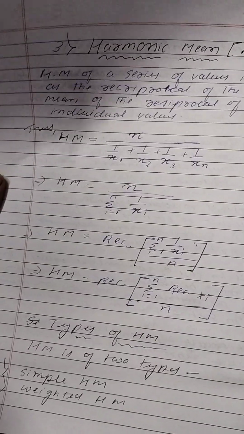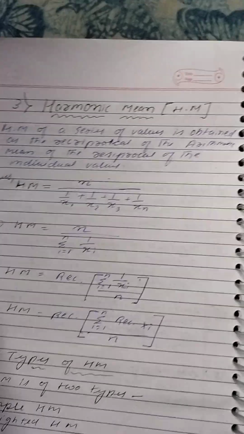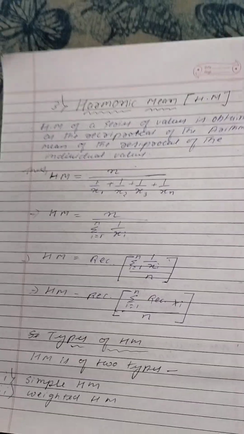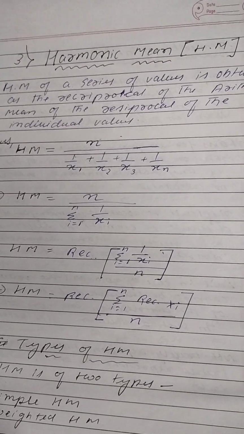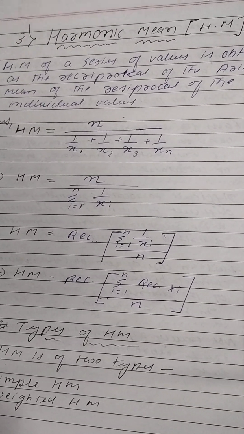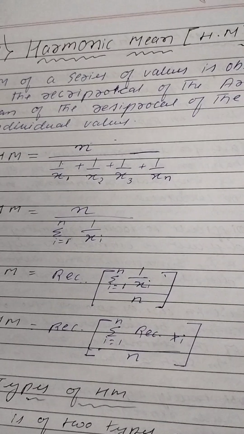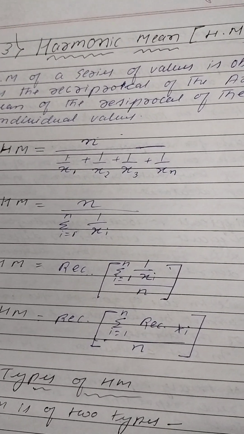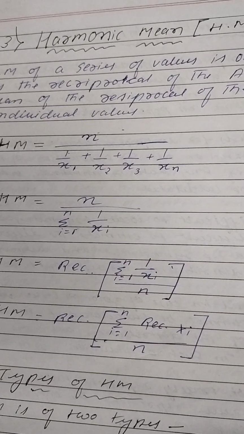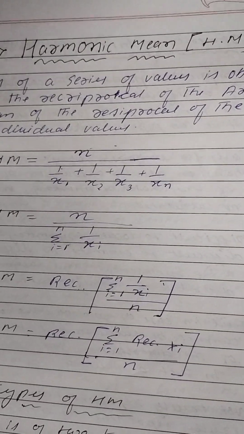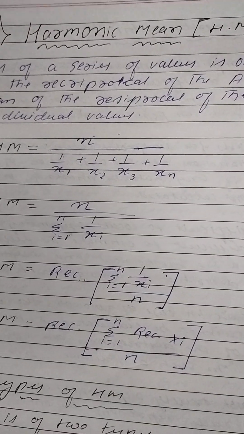So HM is equal to n divided by the sum over the n observations of 1 by xi. Then HM is the reciprocal. So we can write it by reciprocating, with n in the numerator. Now we will write it in the normal way, where 1 by xi is there and by n.